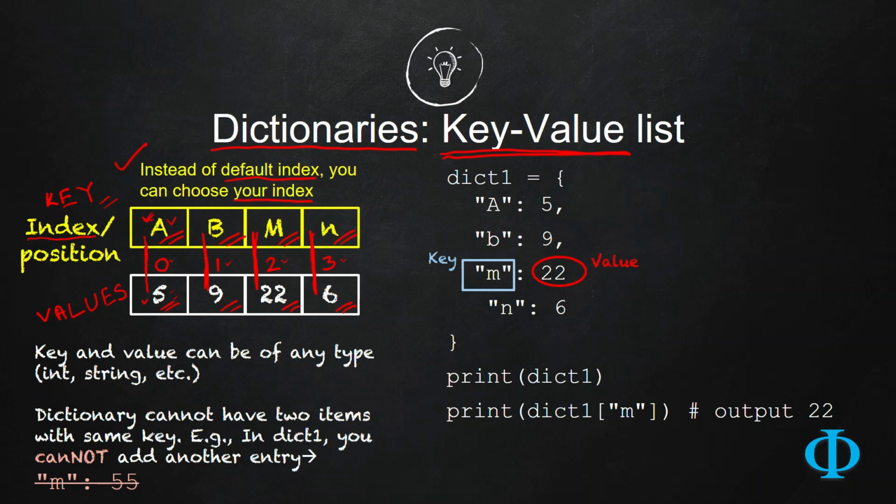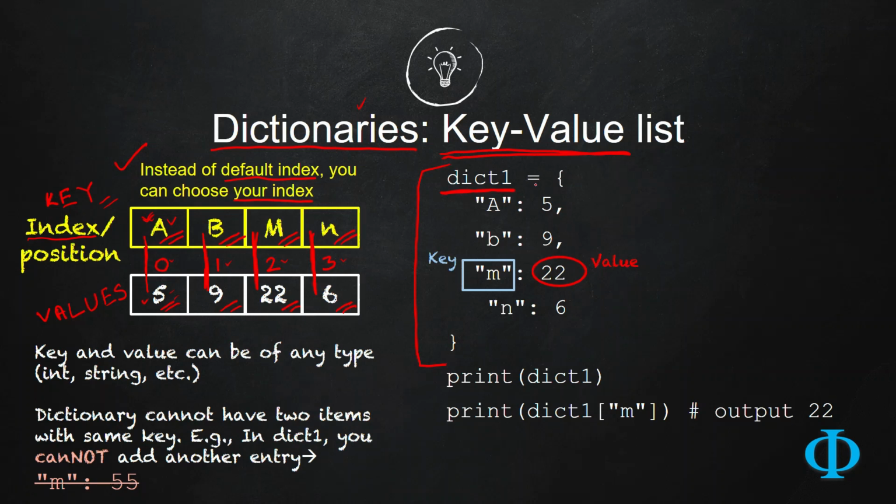So let us try to clarify it with an example that you can see here. First, you have to utilize a variable name. I have used dict1 just to say that this is a dictionary. You can use any name of your choice.